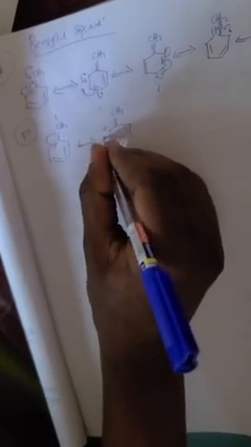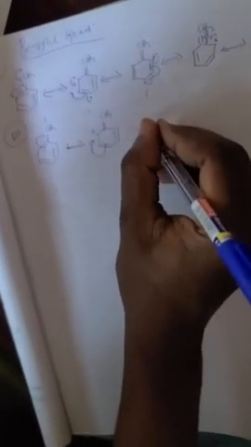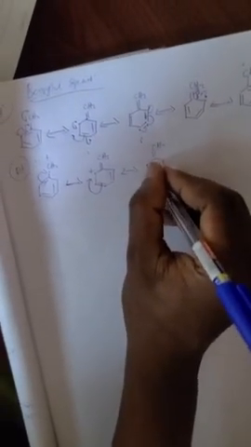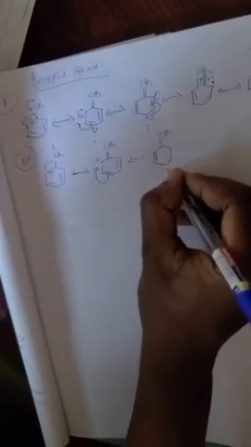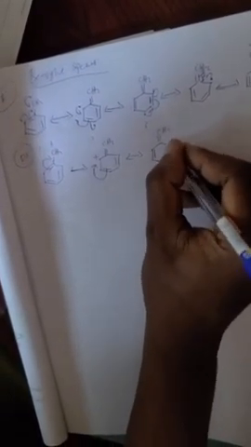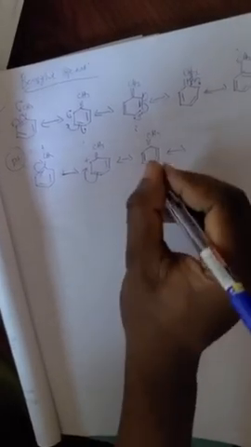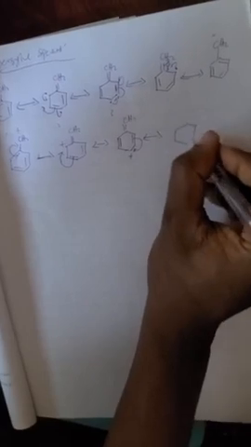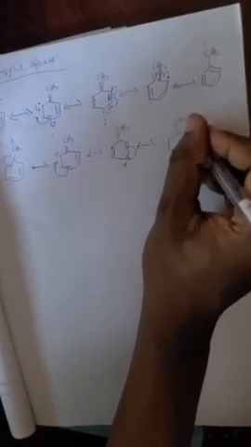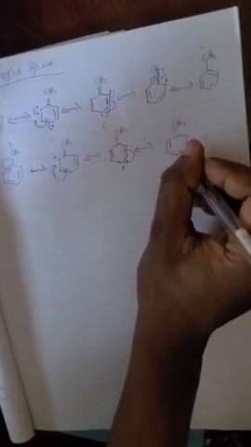So this one will come down to this side, full headed. Double plus here. So you still have a double bond here. So this one can move here so that you have this. Alright, so this one can come back. So you have this.